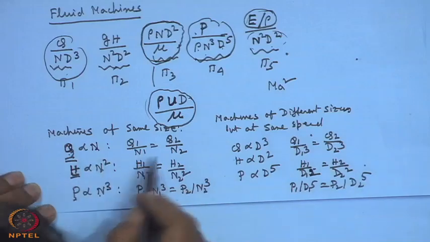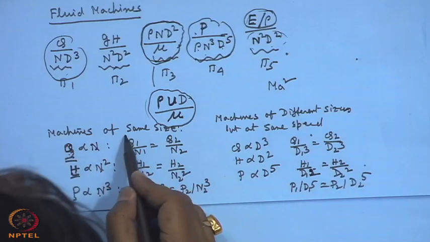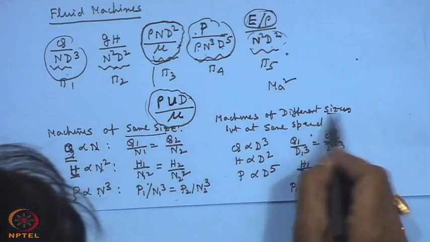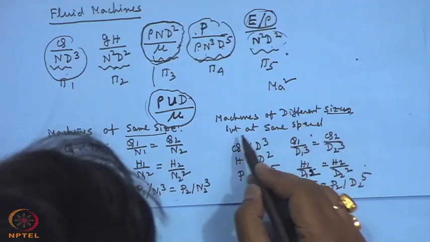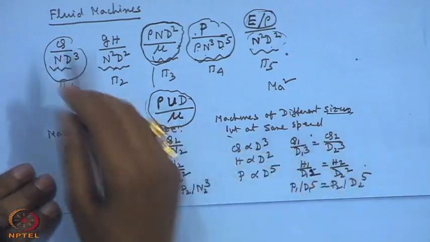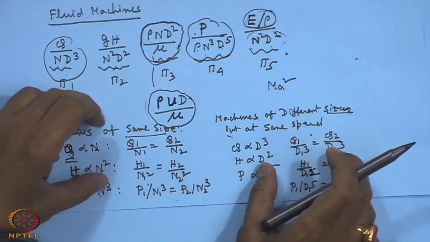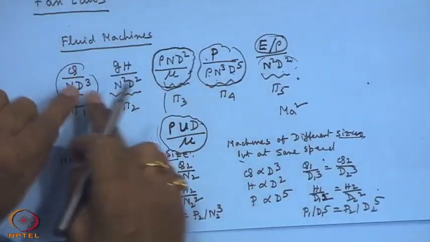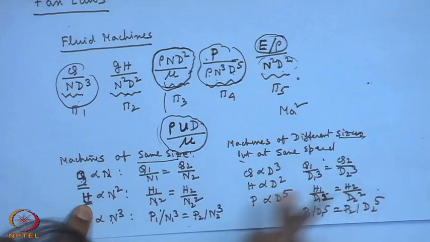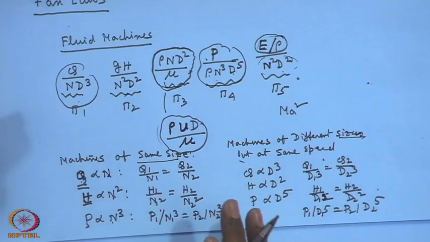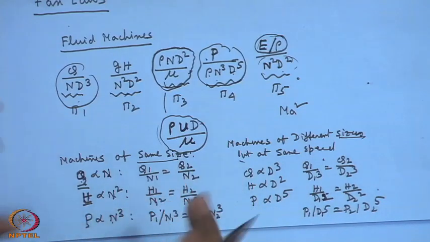That means the scaling laws with speed for the same size, and with size, represented by the impeller diameter as a representative characteristic size, for the same speed, are based on the similarity parameters of fluid machines and are valid for all fluid machines. But because this grew historically, when fans and blowers were designed, they used this type of scaling to make the prototype.